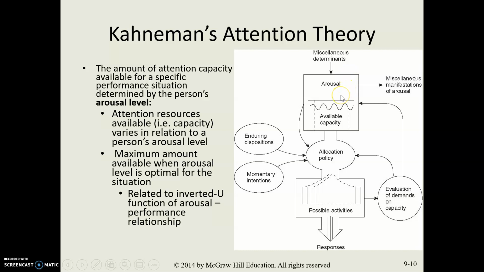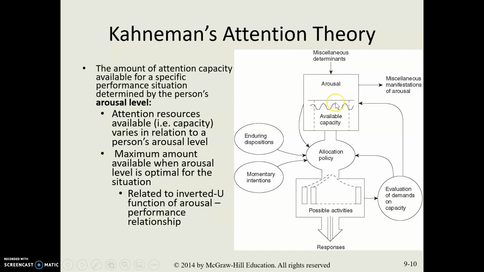And so some examples there would be, sometimes I am not very emotionally aroused. I might be bored, and so I'm not paying a lot of attention to anything coming into my environment. And then maybe there are other times where I'm highly aroused. There's a high arousal level, and again, not ideal, and I'm not able to attend to all the areas I need to attend to.